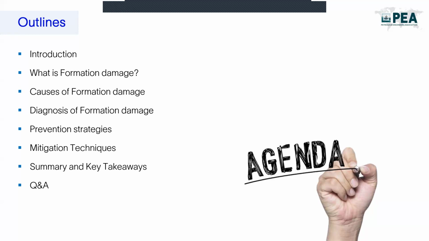Then we will go through how to prevent formation damage before it happens. And once formation damage happens, how can we mitigate, reduce, or limit the bad effects of formation damage? And then finally, we'll see a summary, and I collected some points for you to take away.